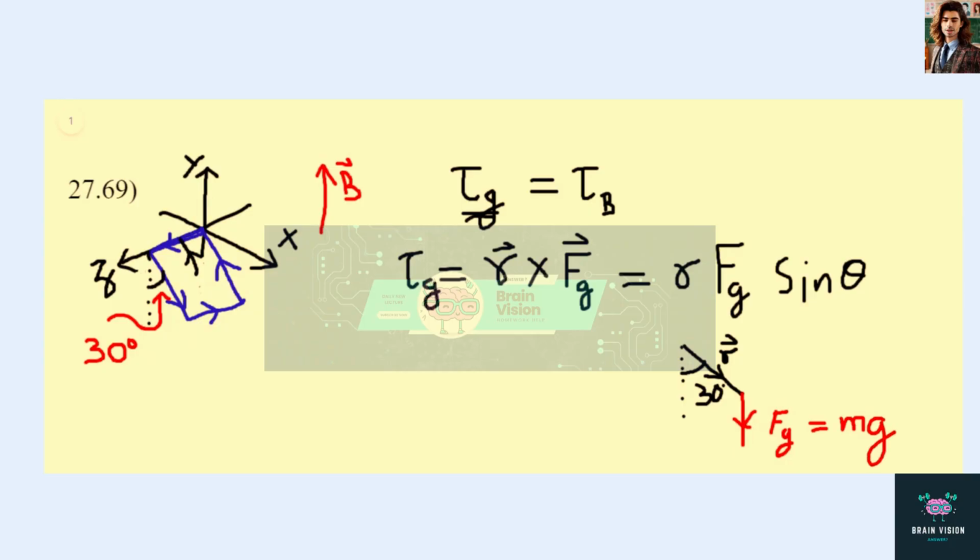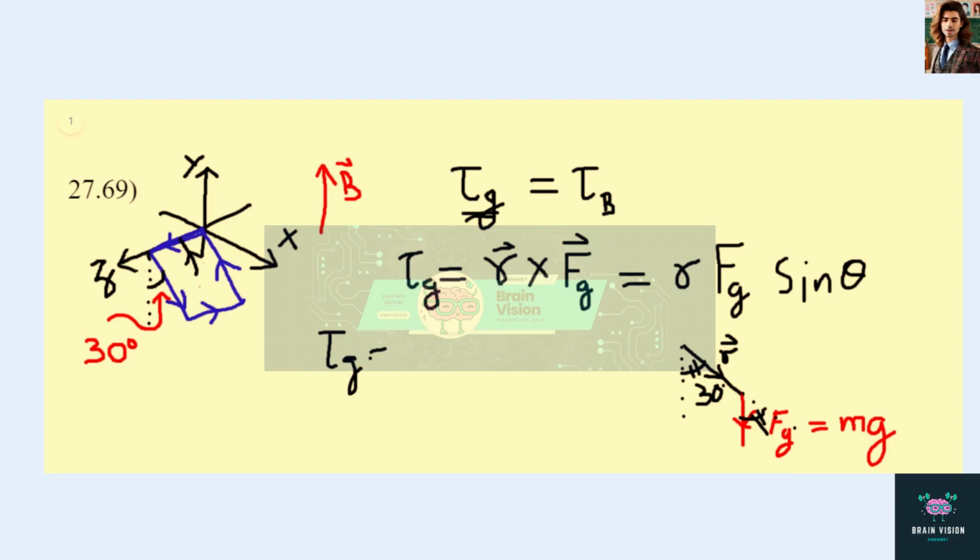So if I plug in this mg, and note that the angle between r and F sub g is just 30 degrees, just this angle. This is the angle between this vector and this vector, because if I were to extend the vector r, then this angle is the same as this angle. That's just geometry.